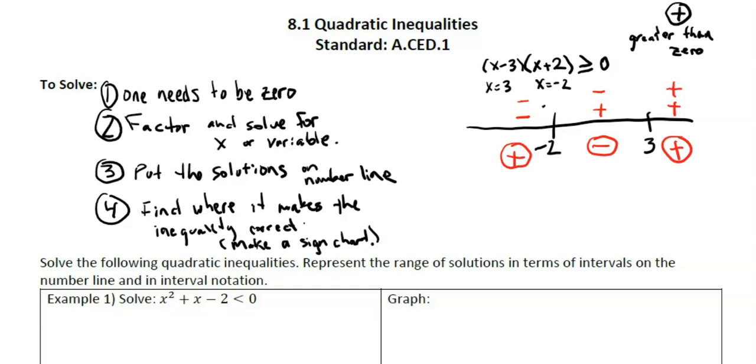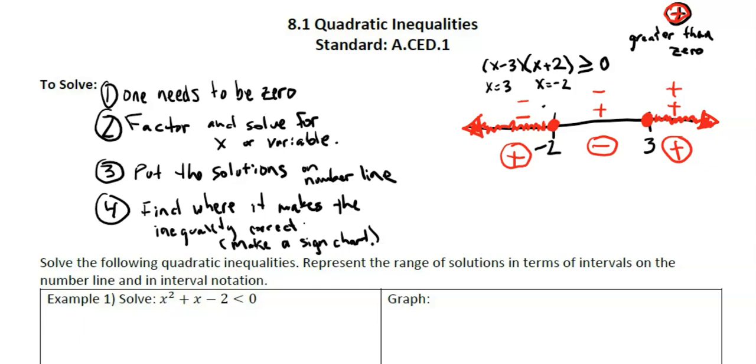And so my solution set, because it can be equal, then we use a closed circle at negative 2 and also at 3. And then the solution set has to go according to what we have. Since greater than means positive, then we go where this thing would be positive, which is off to the right. I'm sorry, off to the left. And then also off to the right.